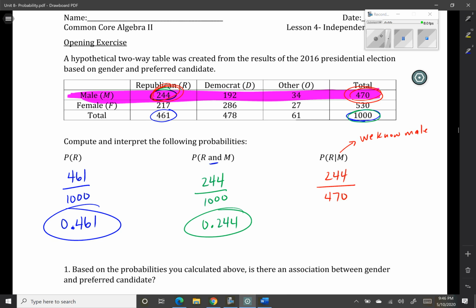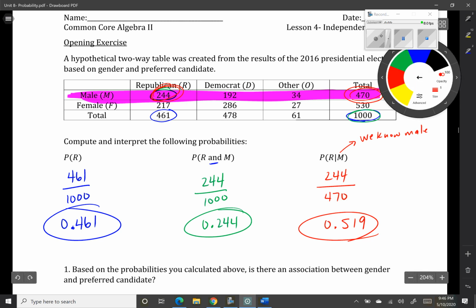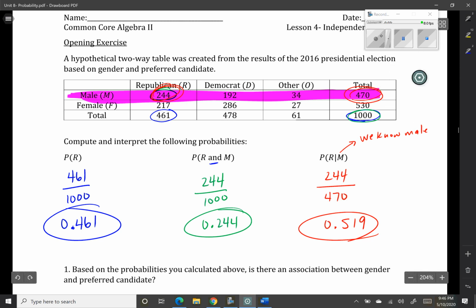So we're only looking at that one row. We don't care about anything else in this table. So if we go through and find that probability, we get 0.519.